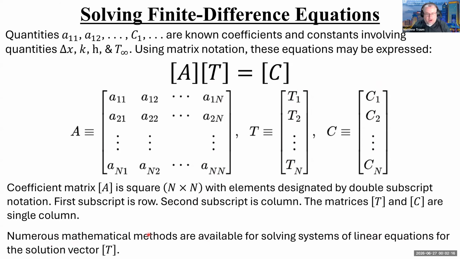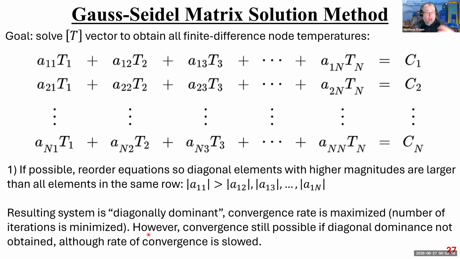So we're going to just talk about one of those solution methods. It's pretty powerful and drives fast convergence if the situation works out that the matrices are amenable to it. It's called the Gauss-Seidel method. And so our goal, again, is to solve for the T vector, the T matrix, to obtain all the finite difference node temperatures.